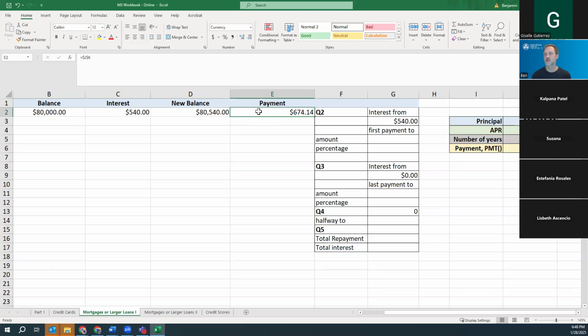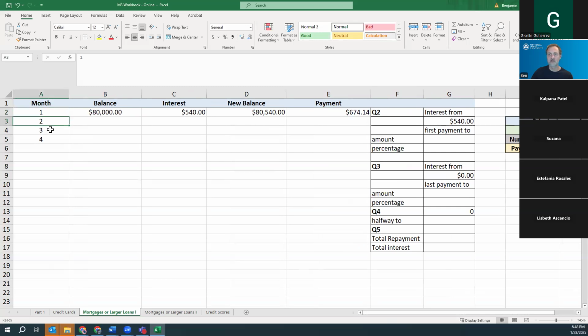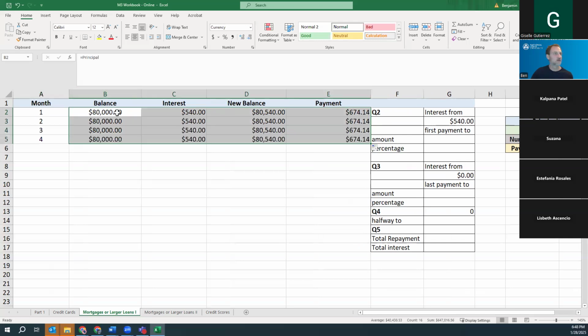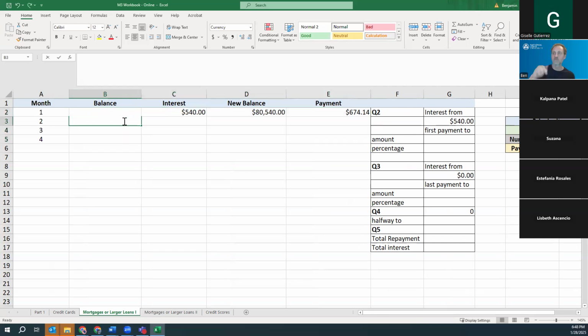All right, I'm almost ready to do my payoff table. I think there is a left column here with the months, but I'm already set up to the first 4 months. I can't do autofill from here because that first number, 80,000, was just written in. So there's no formula there. I need a formula here before I can start doing autofill.